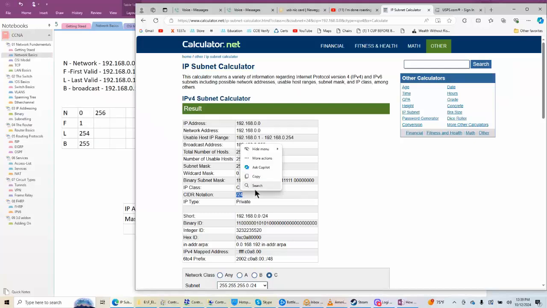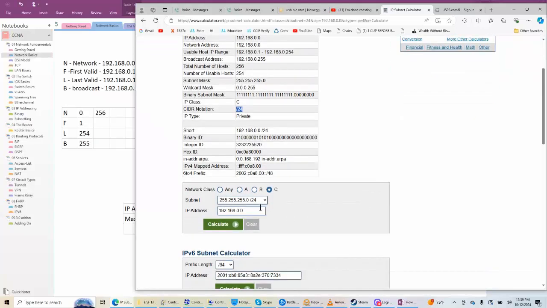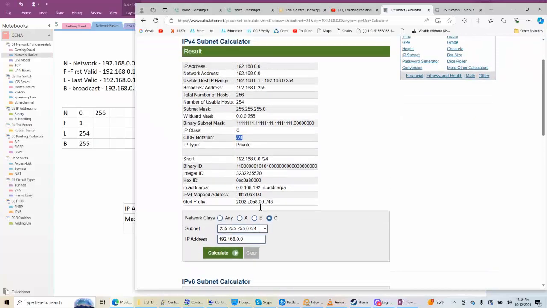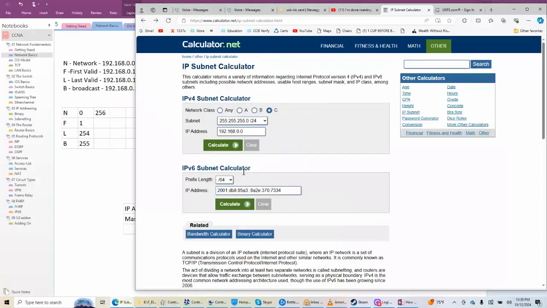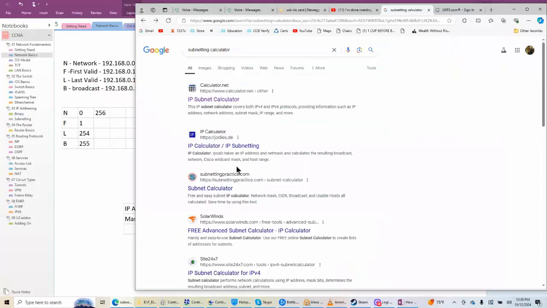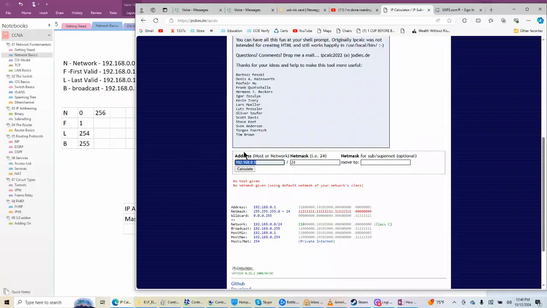But it should tell me how many networks and how many hosts, I mean, how many networks I should be using. And I don't see that. Let's go to a different one.